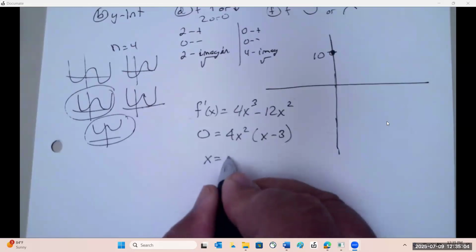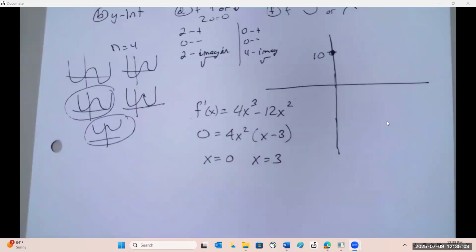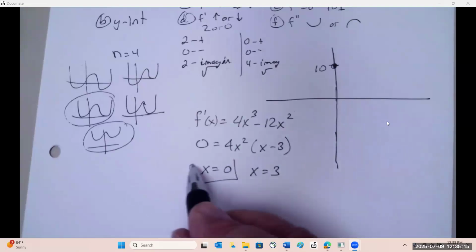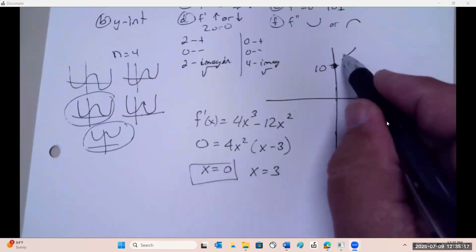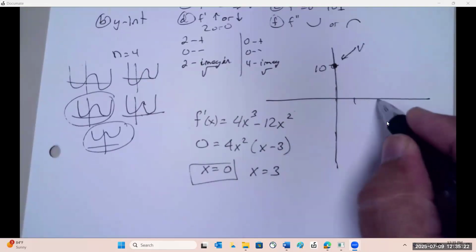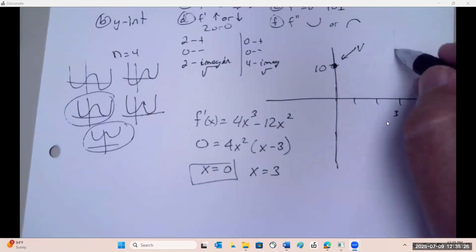So x is at 0 and x is at 3. When x is 0, that means this is going to be a vertex. And there's going to be another vertex somewhere on this line.